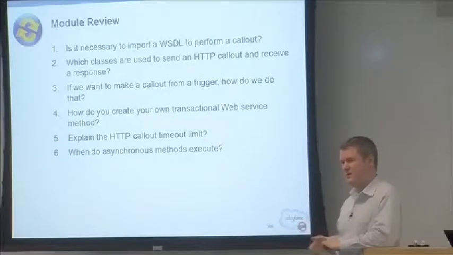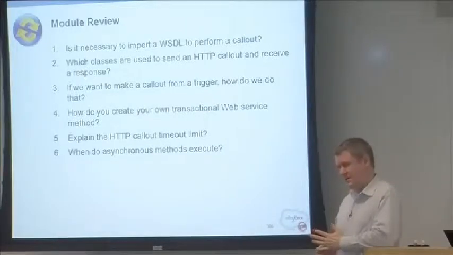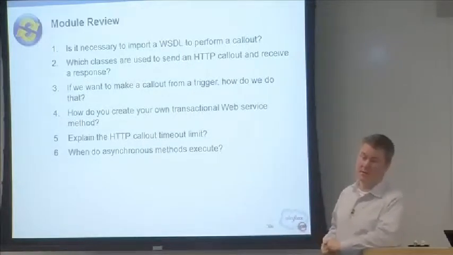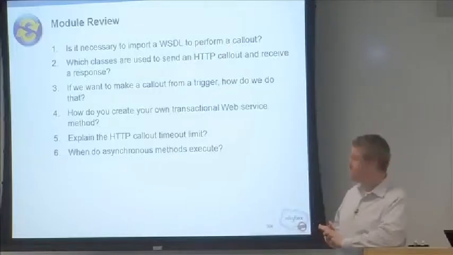But what key class and method could I use to create my own transactional logic? I mentioned previously savepoints. Very good. So we could set up a savepoint, and then use the Database.rollback method to create our own transactional logic.